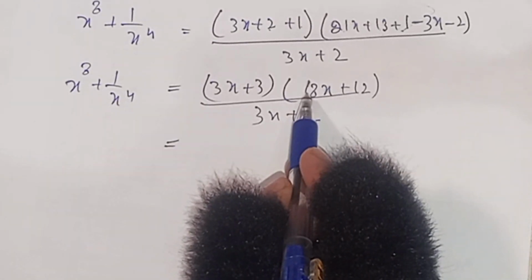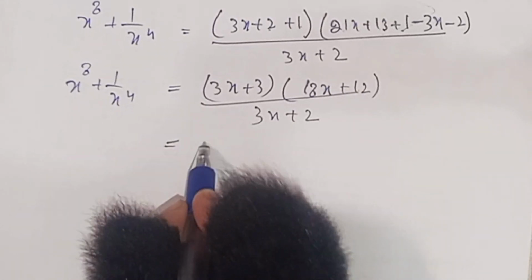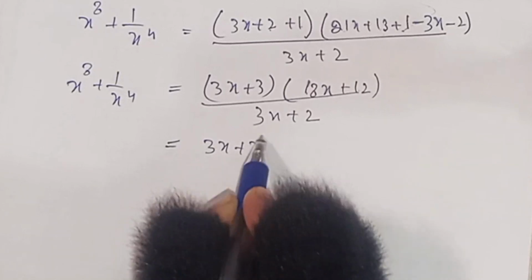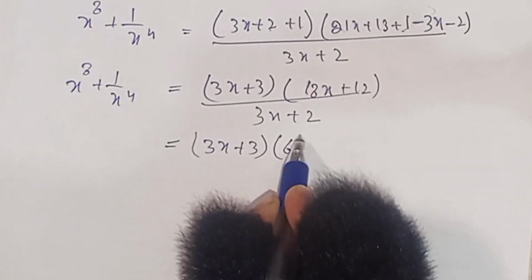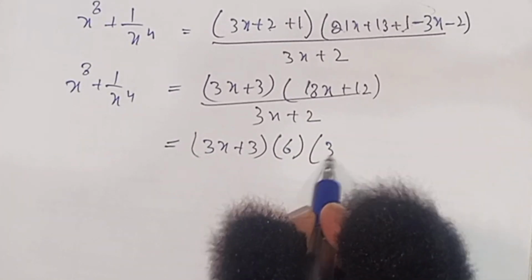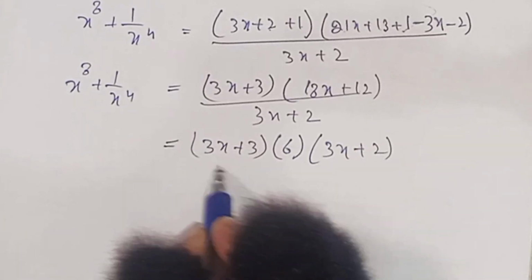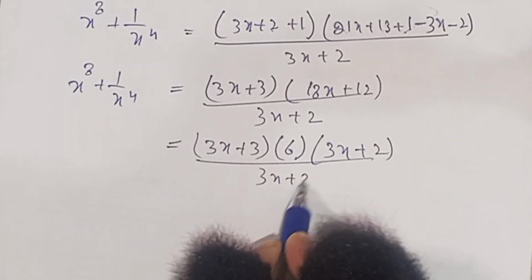Now look at this. 6 is involved in these two terms, so we factor out 6. The remaining value will come as (3x + 2) over (3x + 2).